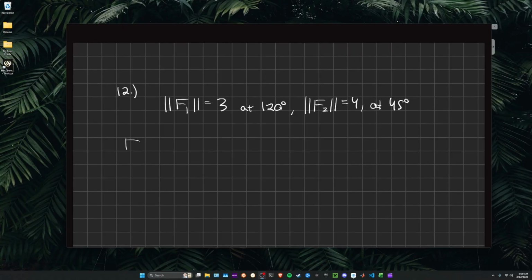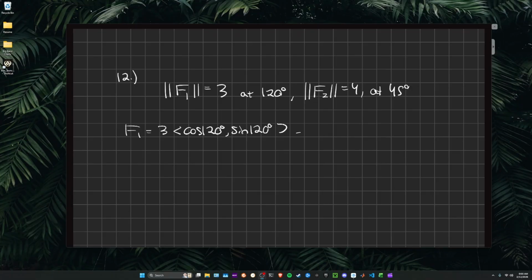Okay, so our first vector is F1, which is 3 cosine 120 degrees, sine 120 degrees. Just remember the x and y components of your vector. So this would just be -3/2, 3√3 over 2.